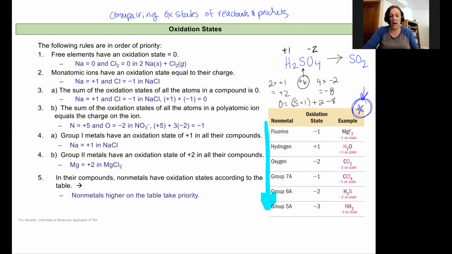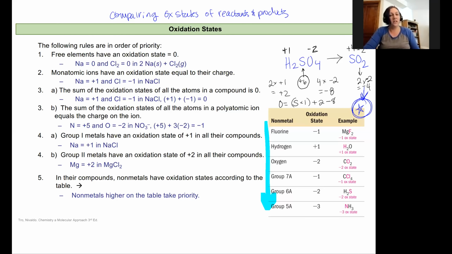So we'll ignore hydrogen here because I didn't put a hydrogen in my product. So determining the oxidation states, oxygen has a higher priority than sulfur, so it'll be -2. That gives me 2 times -2 for a -4. That means that sulfur has to balance out that -4 charge by being +4.